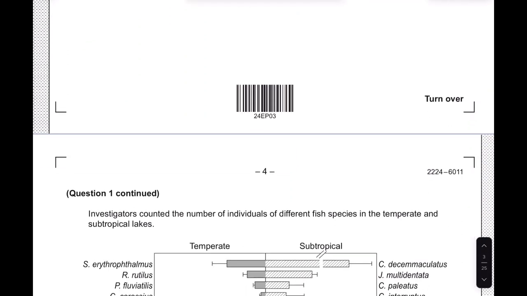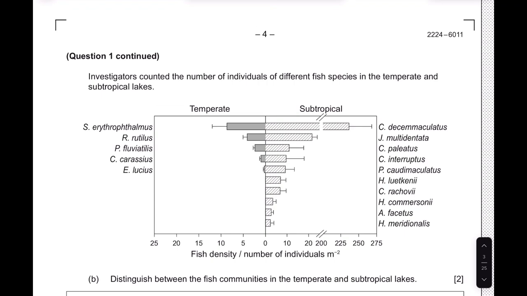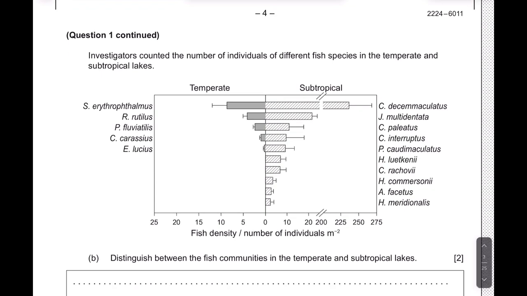Now next question, there are the same 2 temperate and subtropical lakes taken. There are now different species put at temperate and subtropical levels, and it is about the fish density or the number of individual fishes per meter square.